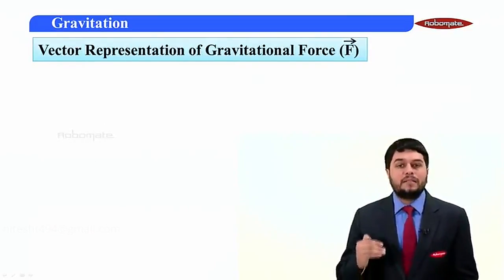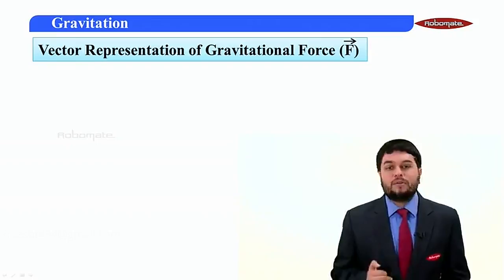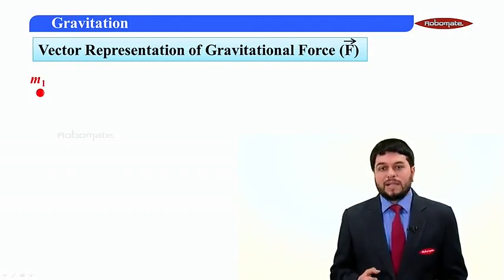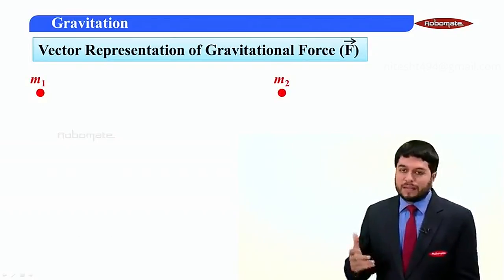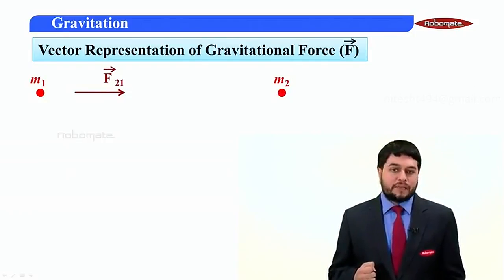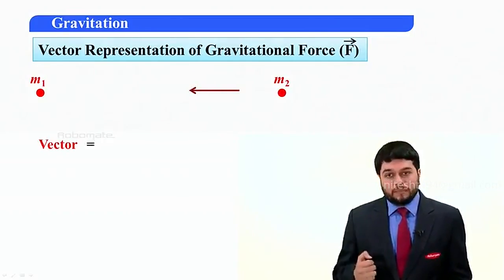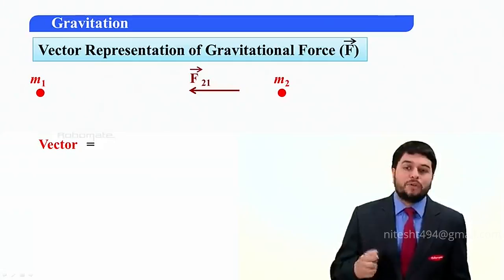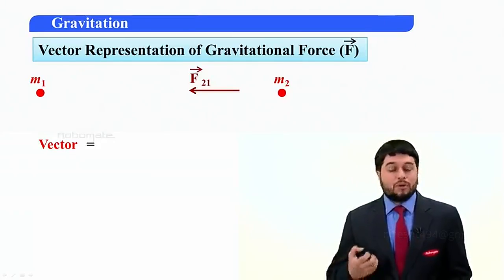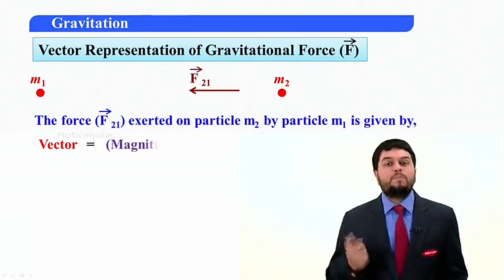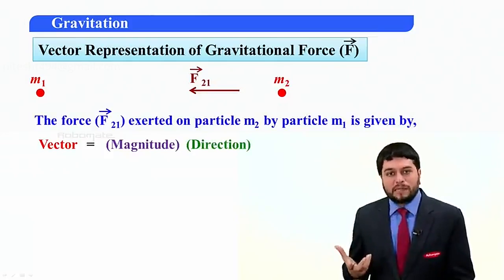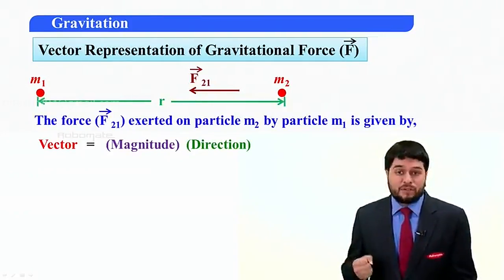How do you represent the gravitational force in a vector notation? Let's visualize. Let's consider m1 and m2 as the two masses, and let's say F21 is the force experienced by m2 because of m1. You know, a vector is always represented in two parts, a magnitude part and a direction part.